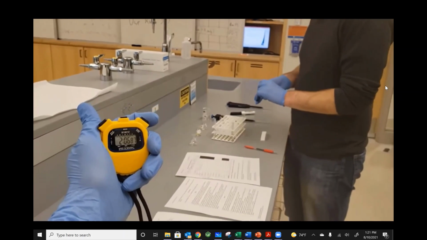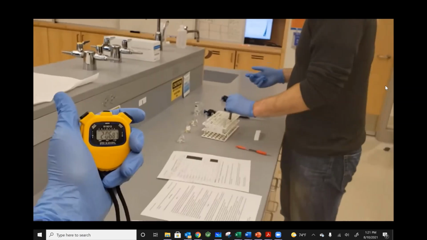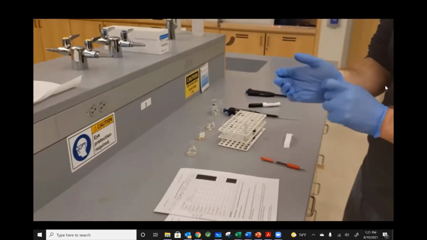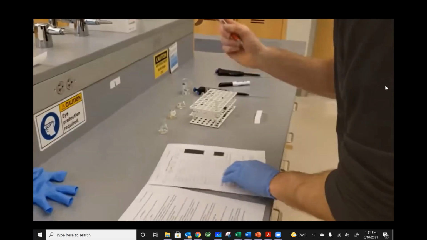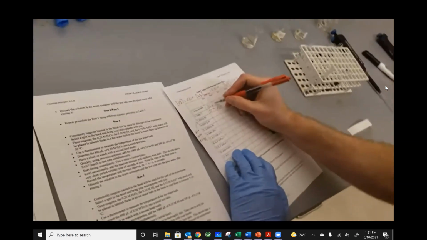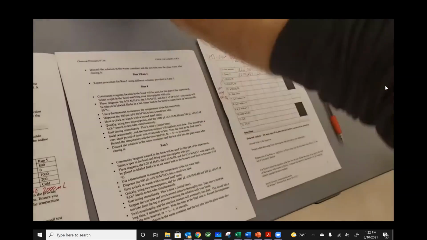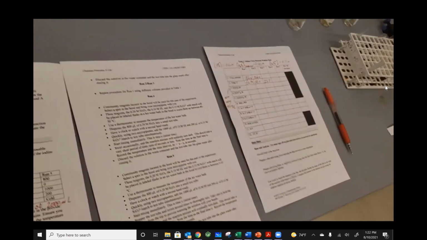Two minutes, 6 seconds. So a much faster time, 126 seconds. Under 26 seconds for trial 2. All right, good glove time.